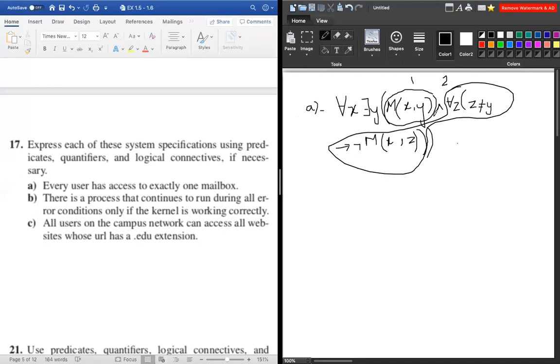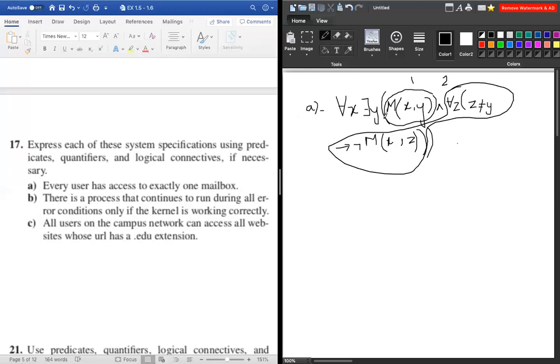So in order to express the level of specificity, we say that it's exactly one mailbox. So we have to put it in this way. This here means exactly one. So we introduce another Z, and Z is some person as well.